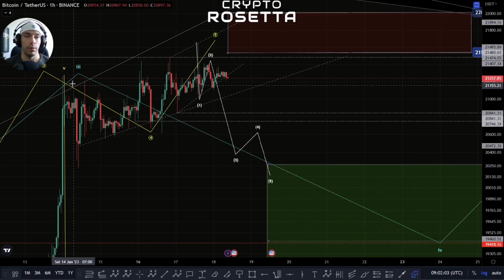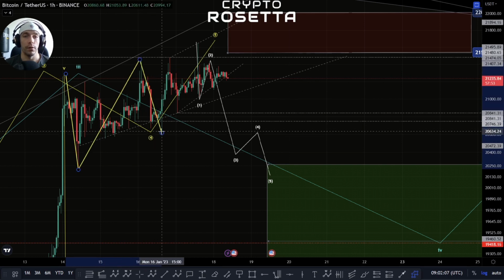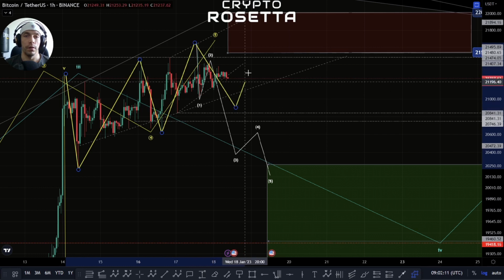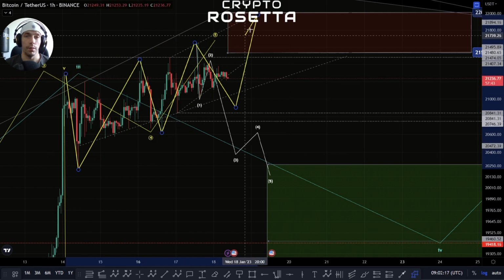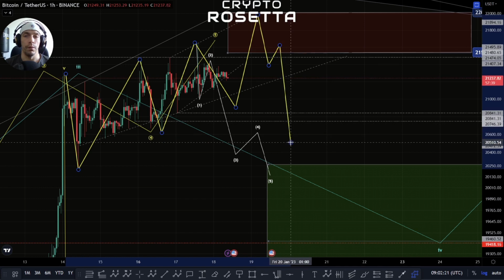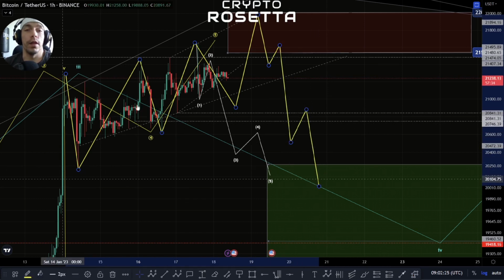So basically then what we would have is something like this, where we'd come into this as an A wave. Within this B wave, we'd have this, this, and this as a structure. So that would then be an A, a B, and then we look to break down for a 5-wave move for a bigger structure, really.